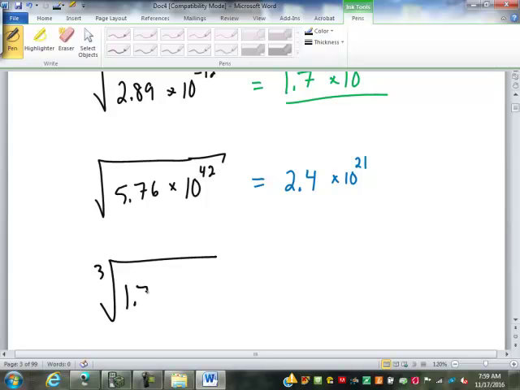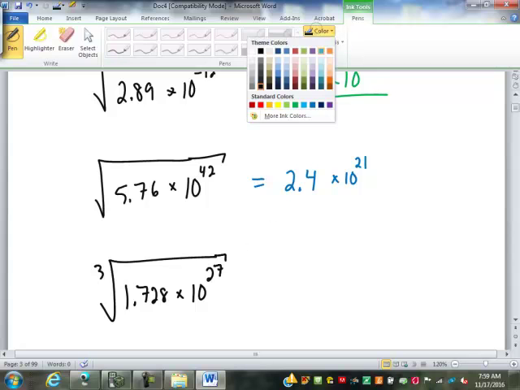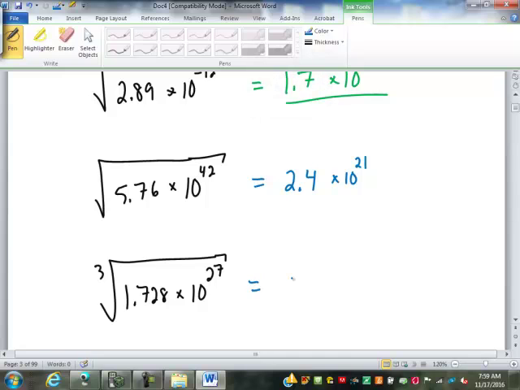Third root of 1.728 times 10 to the 27th. What is the third root of 1.728? 1.2. Good. Times 10 to the 9th. We're dividing the power by 3 now because it's the third root.